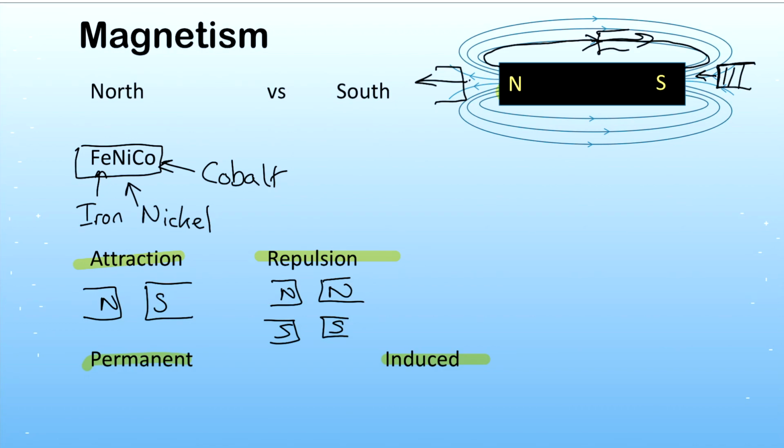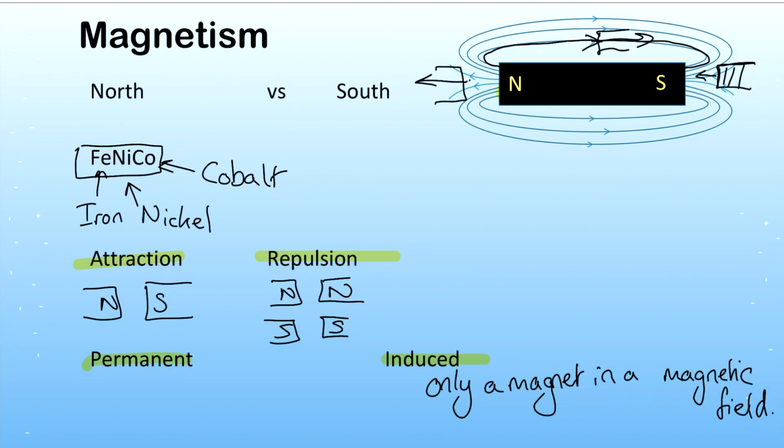However, an induced magnet is only a magnet when inside the magnetic field of another magnet, it becomes a temporary magnet. And if we take it out of that magnetic field, it will lose its magnetic property, and it will lose most of it or all of it pretty quickly.